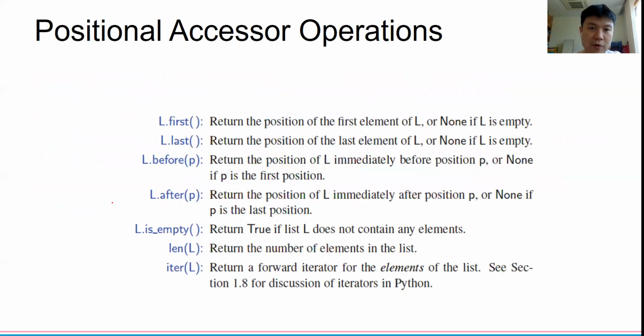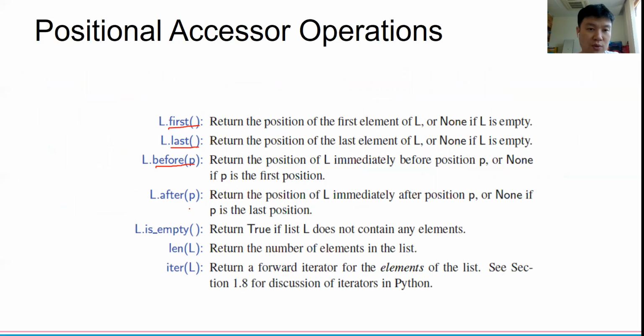There are some other operations in the positional list. For example, first: I want to know the first element of the list. Last: I want to know the last element of the list. Before(p): I want to know the element before the position p.